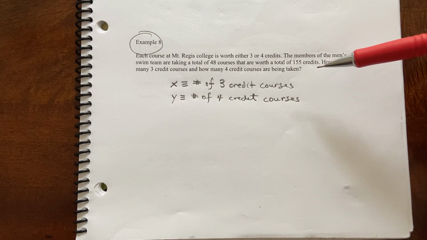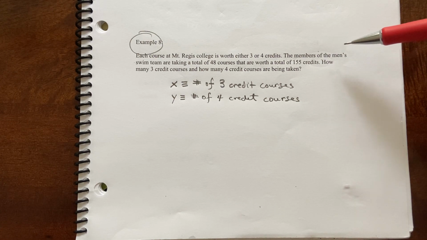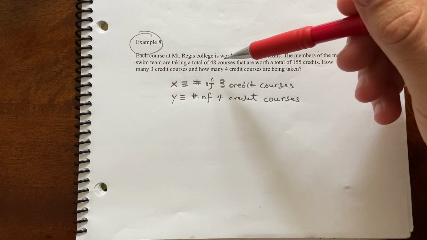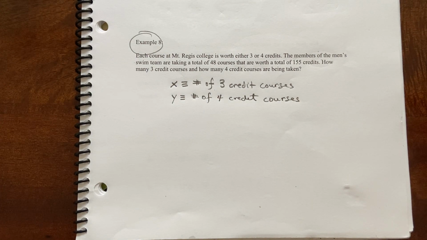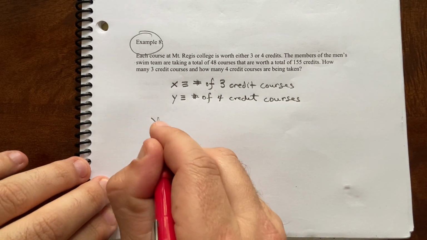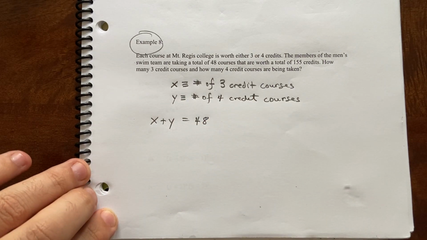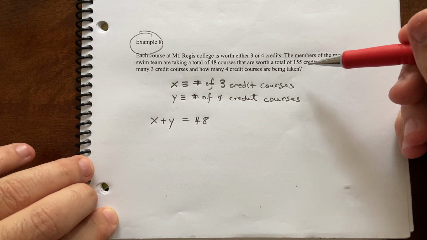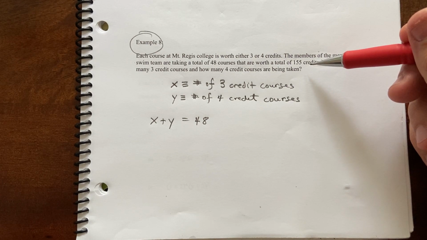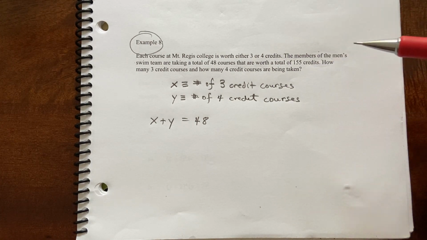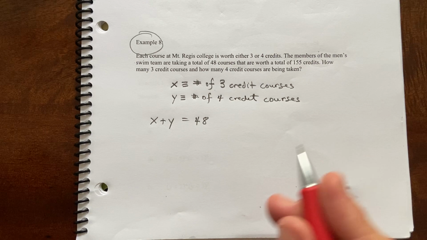Okay, so it said the members of the men's swim team are taking a total of 48 courses. So I know if I take X plus Y, I should get 48. And I also know that there are a total of 155 credits for those.